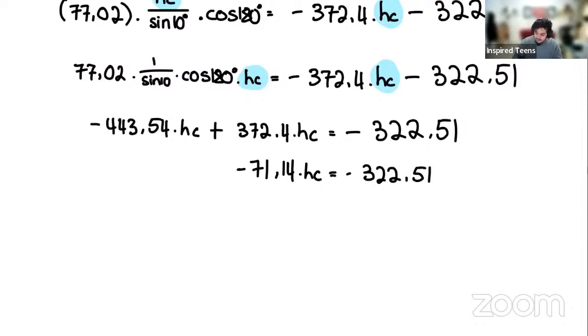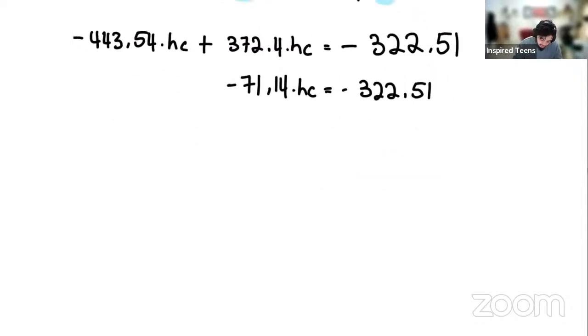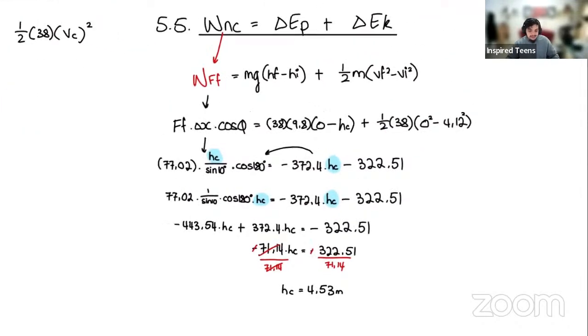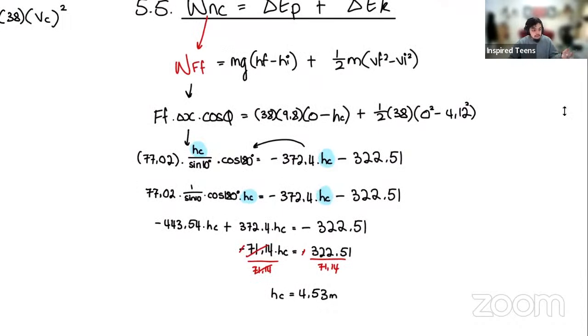We divide both sides by 71,14 actually. Of course, the negatives cancel out. This cancels here, and we get HC finally as 4,53.